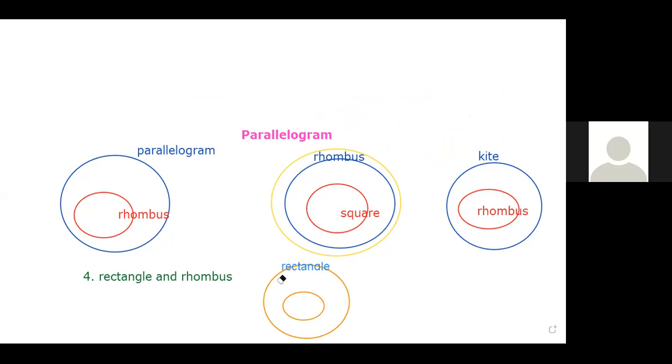Now what is this one? Square. But we asked for rhombus, so that's fine, this can be a square.